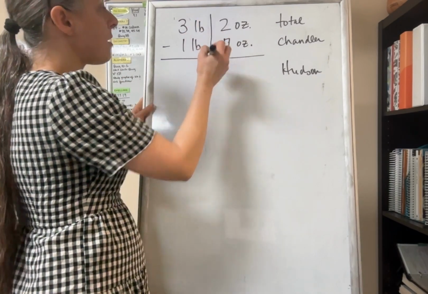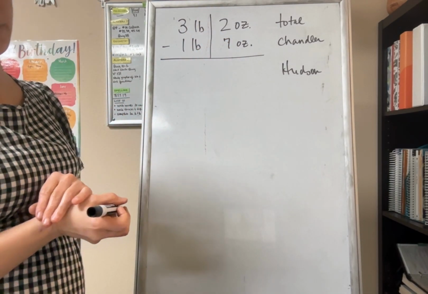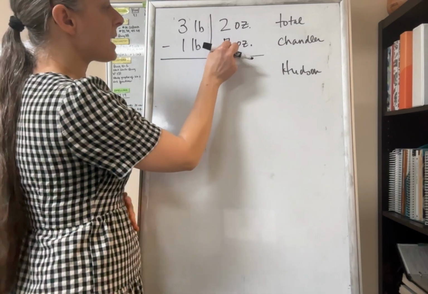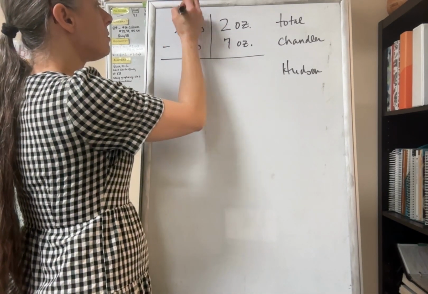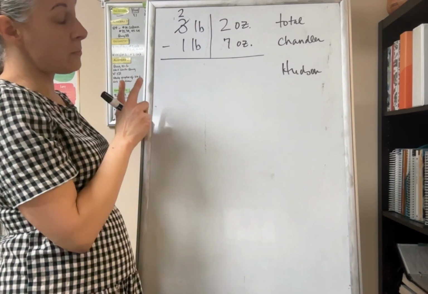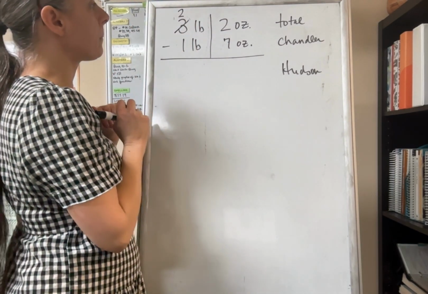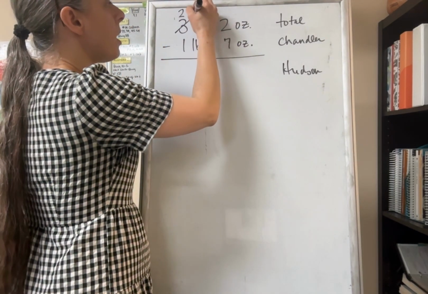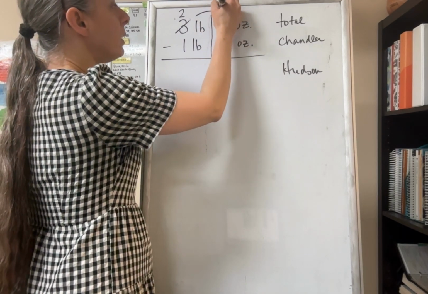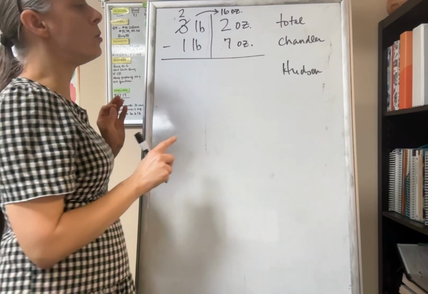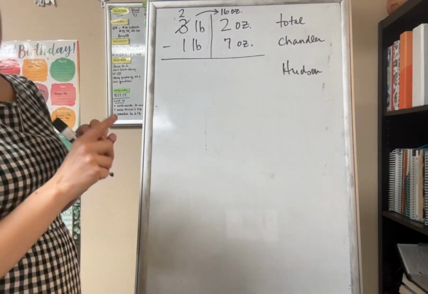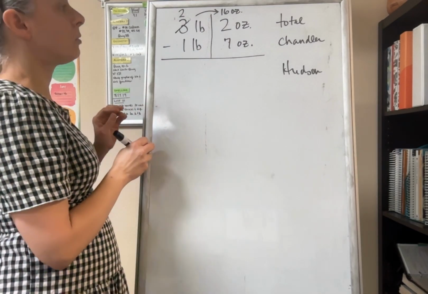So we're going to start off with a subtraction problem. And the first thing off the bat, we're going to have to do some renaming because I cannot subtract 7 ounces from 2 ounces. So I'm going to borrow a pound. That just leaves 2 pounds over here. That pound that I borrow, I'm going to come over here and rename it as ounces. The pound that I borrowed is equal to 16 ounces, right?